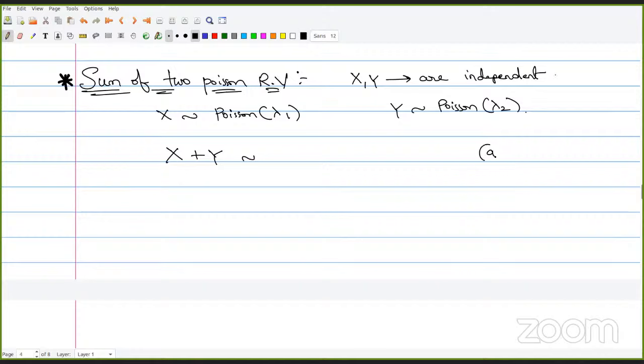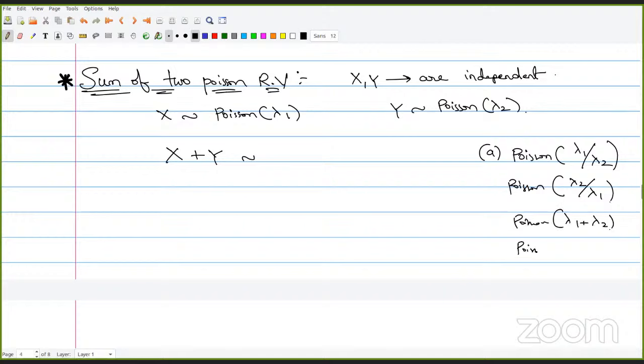Okay, I will give you options. Poisson lambda 1 by lambda 2, Poisson lambda 2 by lambda 1, Poisson lambda 1 plus lambda 2, Poisson lambda 1 lambda 2.